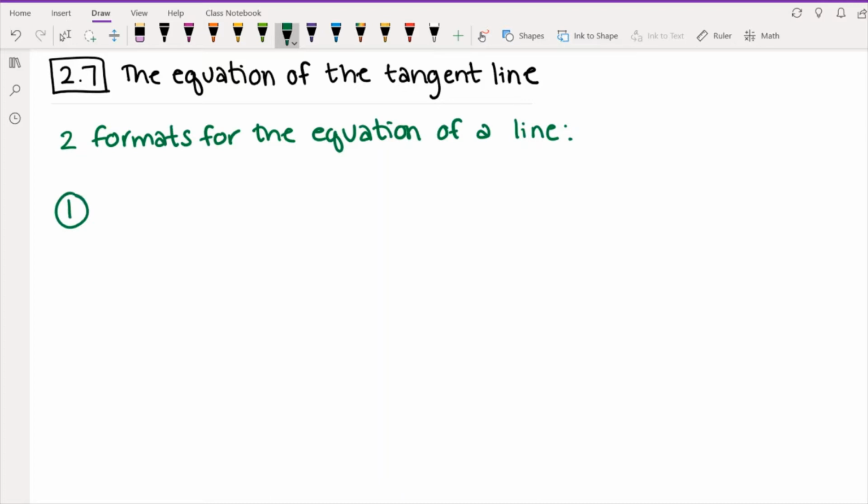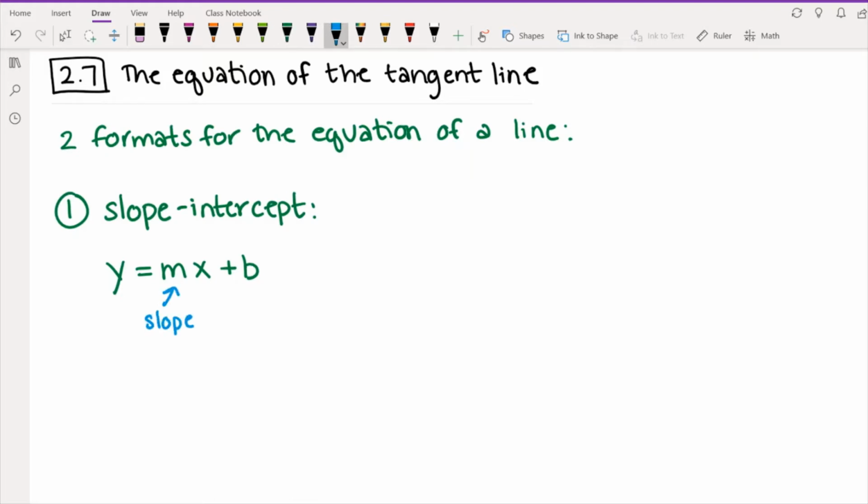So the first one is what's sometimes called slope-intercept form. And so that's the one that is like y is equal to mx plus b. What do those different parts represent? Well, the m tells you the slope, and the b tells you the y-intercept.